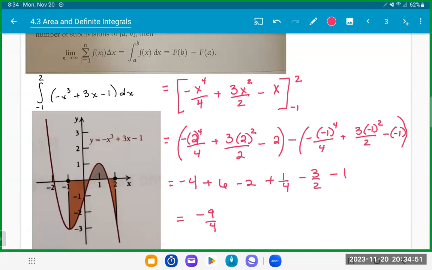And you can see, as I pointed out from our visual estimation, the integral is going to be negative 9/4. If we take everything from below the graph and everything from above the graph and put it together, you're still in the negative, because that orangish burnt color is larger than the gray shaded area. Okay, question.